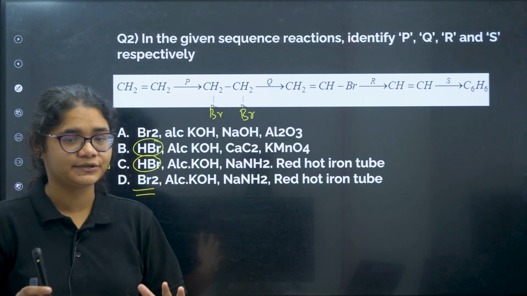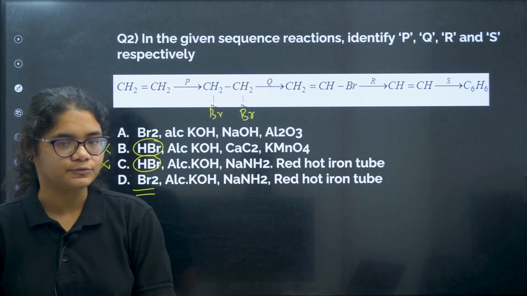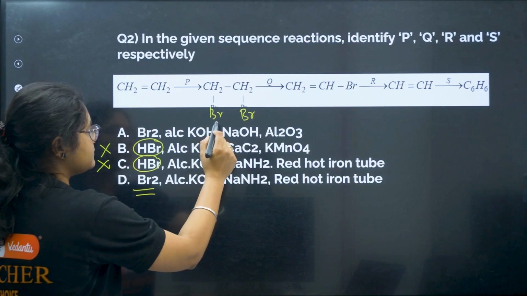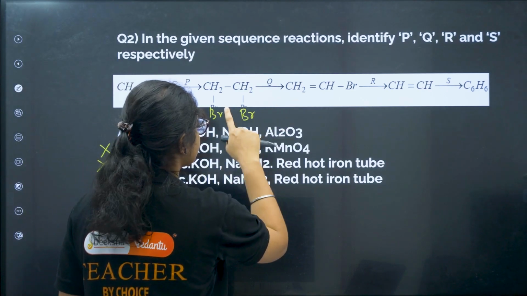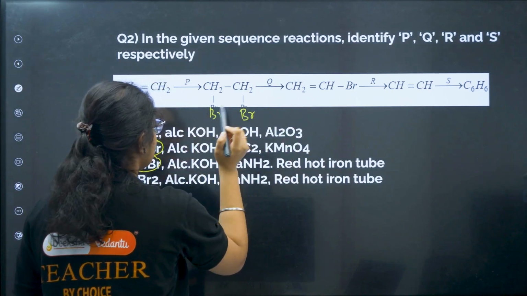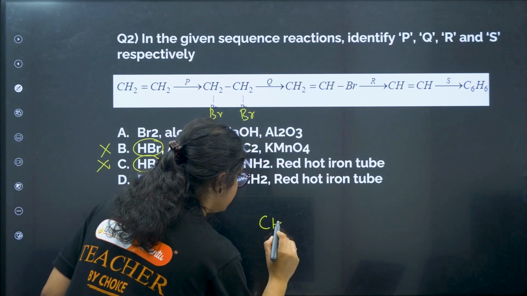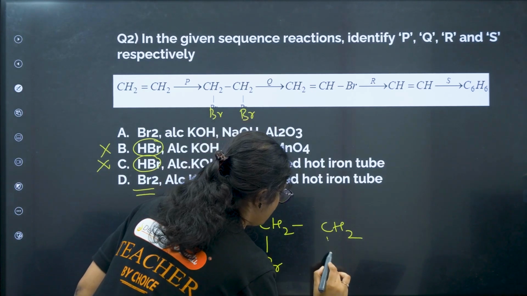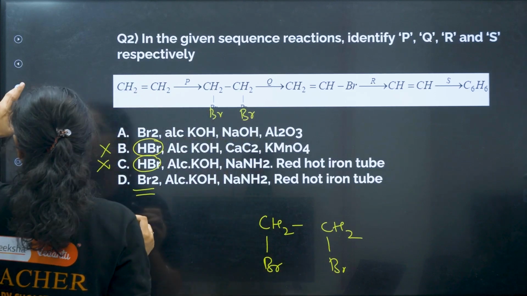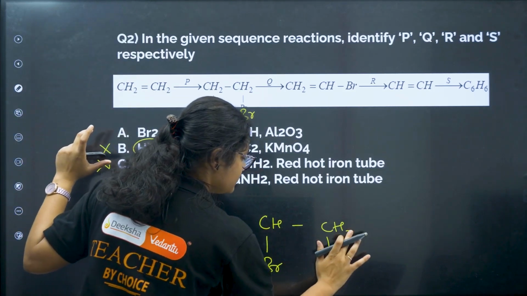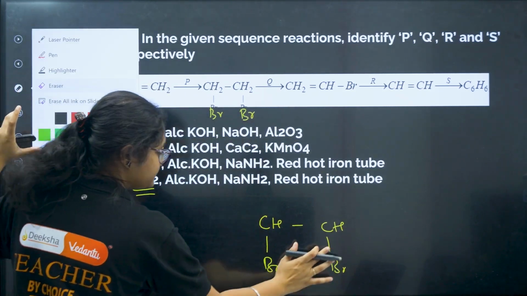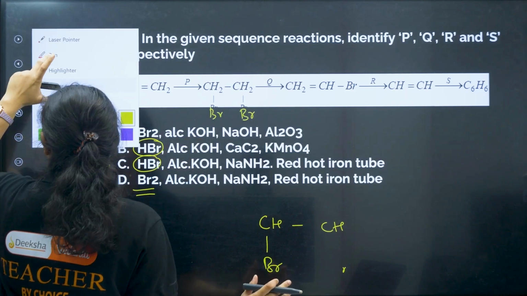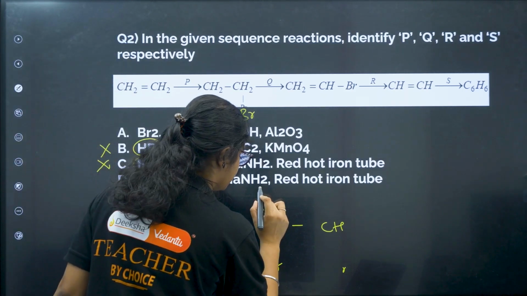Now there is a competition between option A and option D. Now after getting this Br, again you see that HBr is removed, right? So this compound is like this, see, CH2, CH2, Br, Br. I'll write this H in a different color, just a second. Okay, now see, like this if I write.